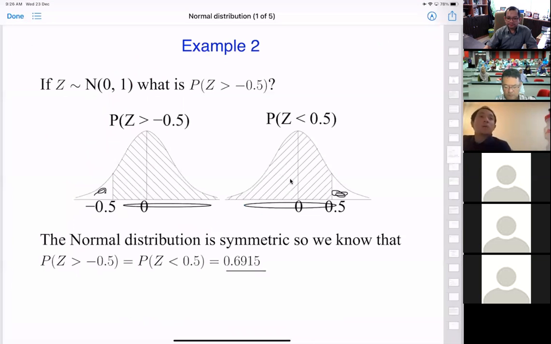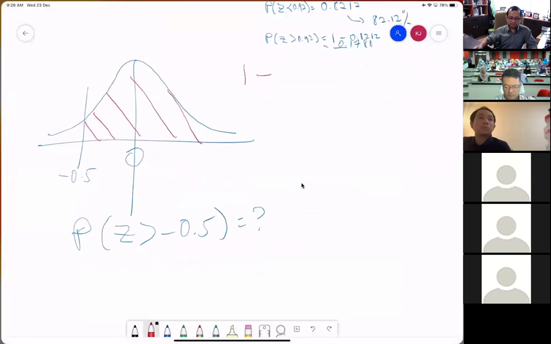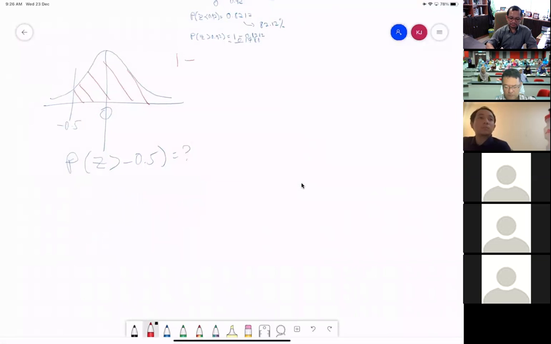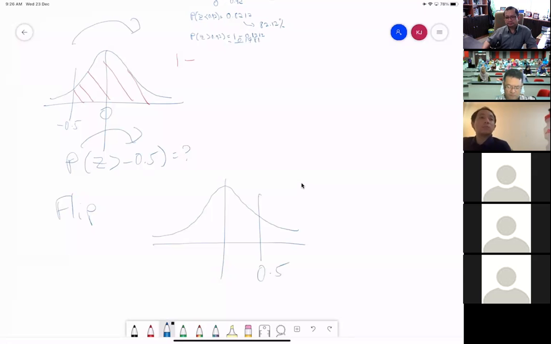So we flip this curve, it becomes like this. So 0.5 is here.